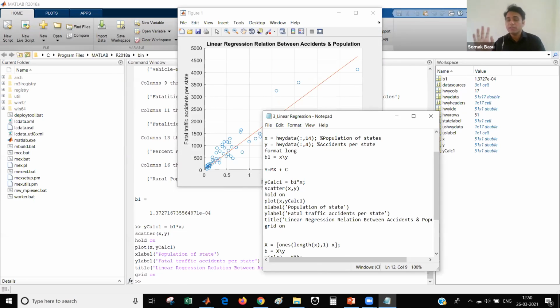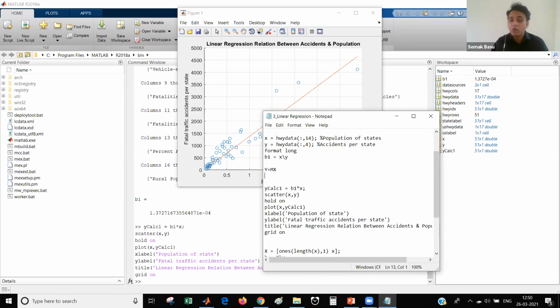Then I'll compare both models and see which model is more accurate.